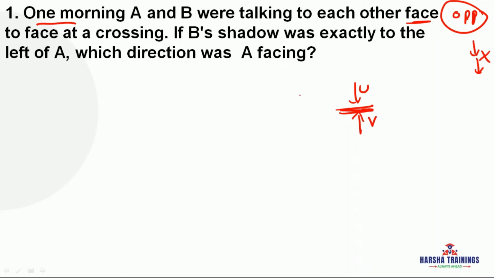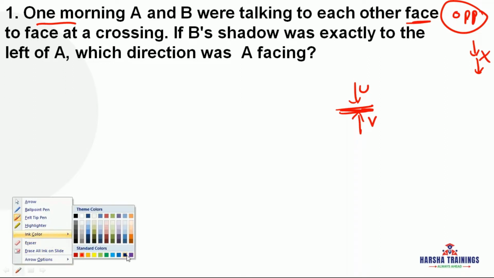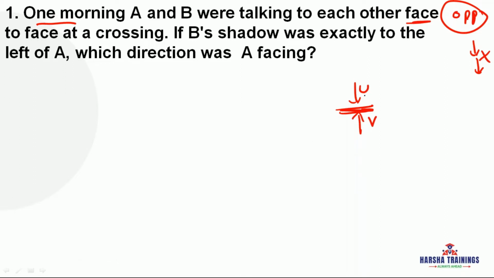Okay, so one morning, two friends Uday and Vishal were talking to each other face to face at a crossing. Uday's shadow was exactly Vishal's right hand side. Okay, Uday's shadow was exactly Vishal's right hand side. In which direction Vishal was facing now?